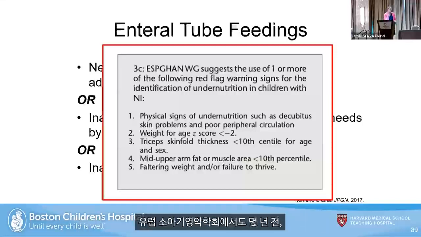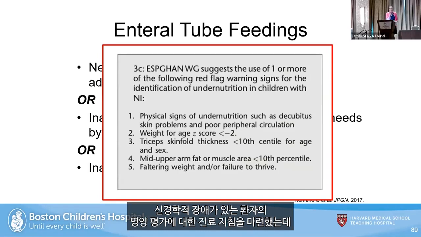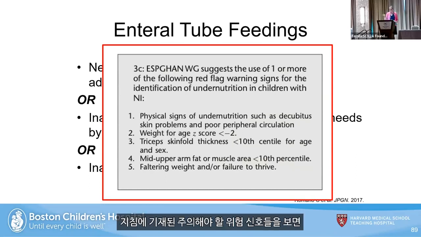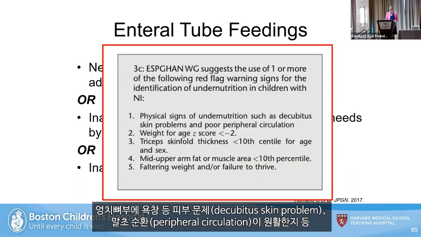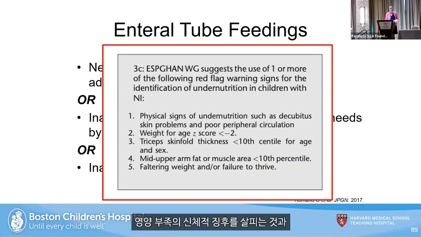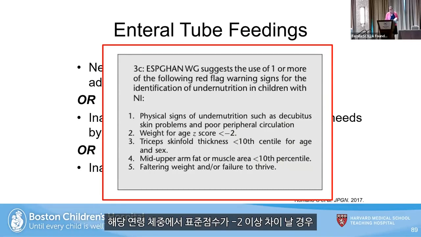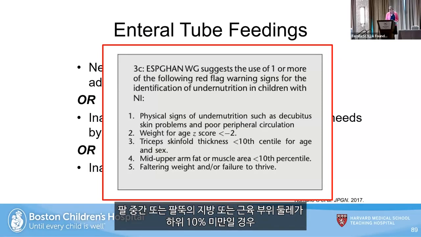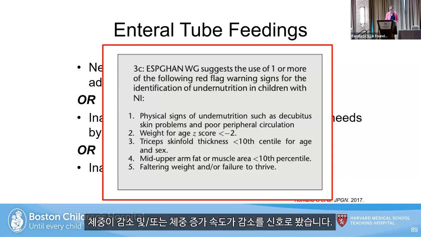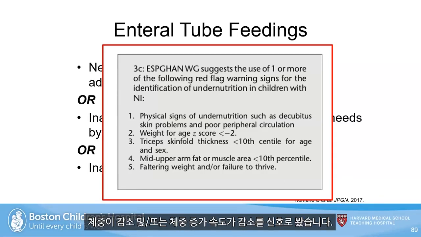And our European Pediatric GI Society also came together a few years ago with some guidelines for the nutritional assessment of patients with neurologic disability, and they came up with these red flags that you want to look at: physical signs of undernutrition, such as any presence of sacral decubitus skin problems, or poor peripheral circulation, a weight-for-age Z-score under the -2 range, a triceps skin fold thickness less than the 10th percentile, or a mid-upper arm fat or muscle area less than the 10th percentile, or faltering weight and/or decreased weight gain velocity.